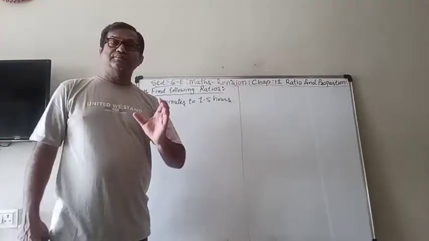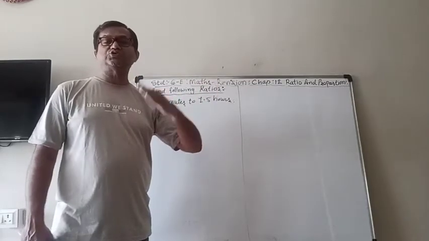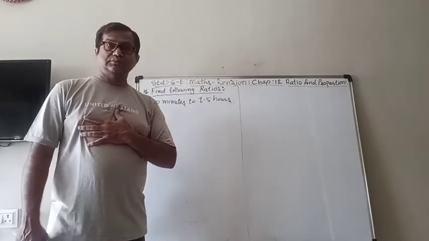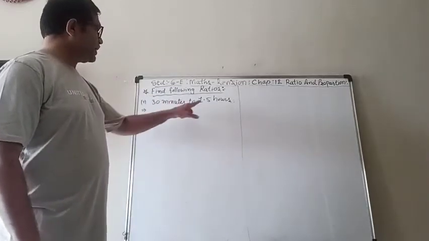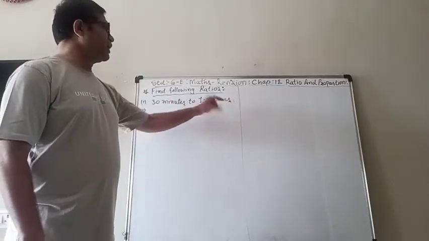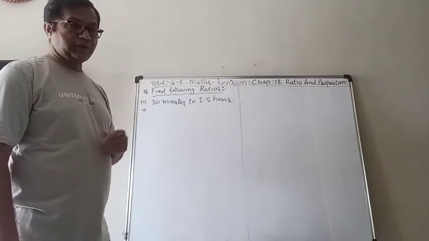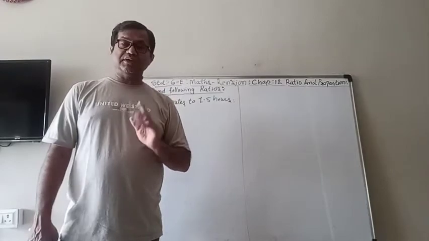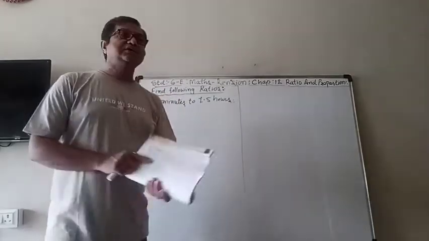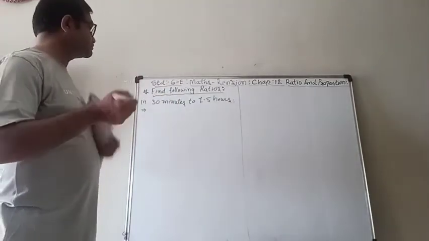So we can convert the bigger unit into the smaller, then it will be easier for us. So now 1.5 hours, we have to convert it into minutes, and then the ratio will be found.